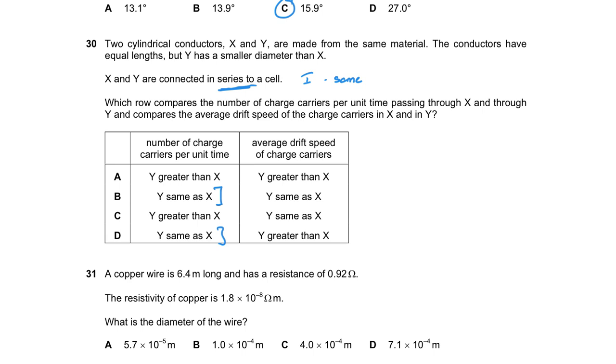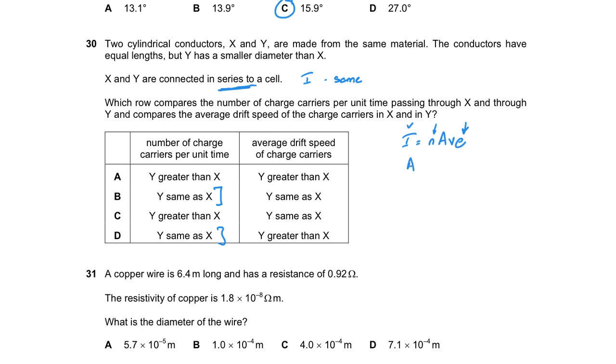Now let's talk about the average drift speed of charge carriers. The formula here is I is equal to n, number of charge carriers per unit volume, times cross-section area, times the speed (velocity), multiplied by e, the charge of an electron. Current is constant. They're made of the same material, so number density of charge carriers is constant. They've got the same charge, so e is constant.